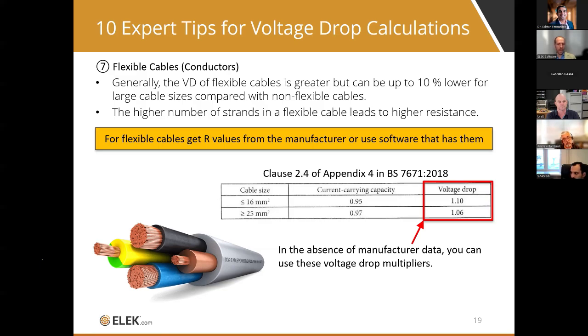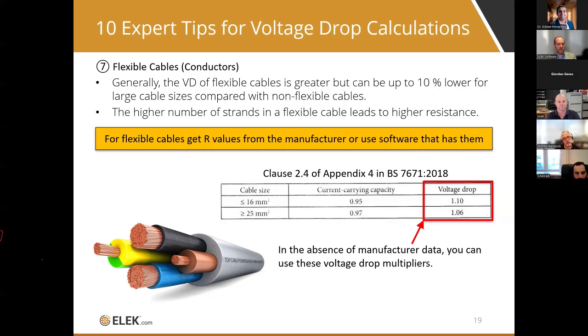For larger cable sizes, generally the voltage drop of flexible cables is greater because there's more strands, as you can see from the table, but the difference can be up to 10% for large cable sizes compared with non-flexible cable.